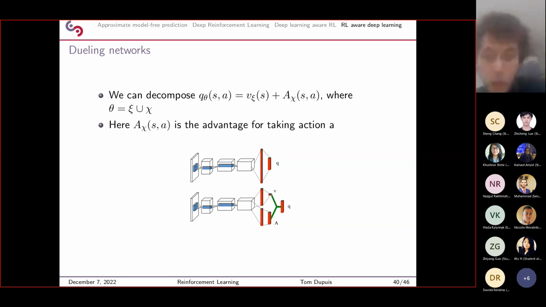Instead of having this Q network at the top that outputs Q values for actions directly at the end, which looks like a bar because it's actually a vector, and each value in the little q is a value for each action.